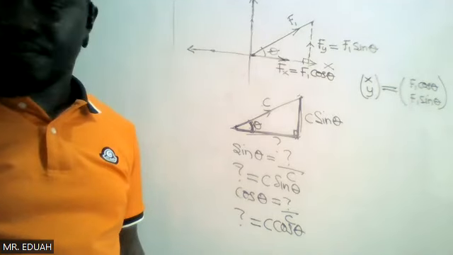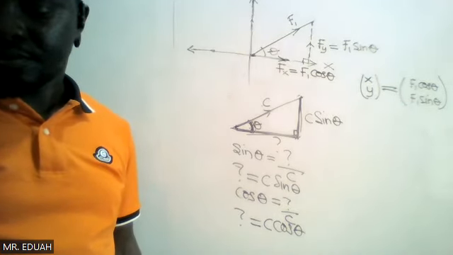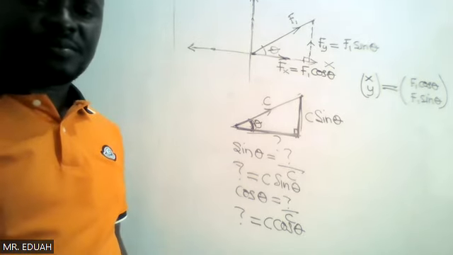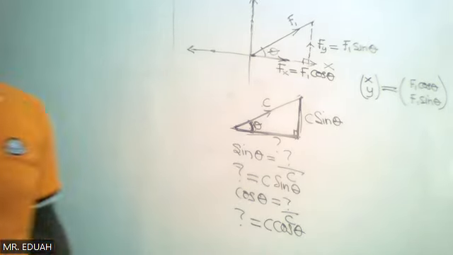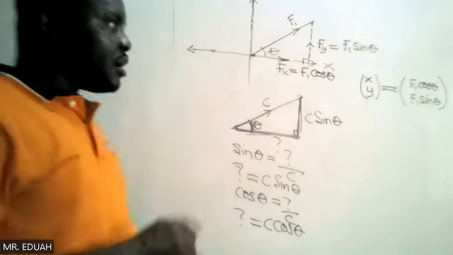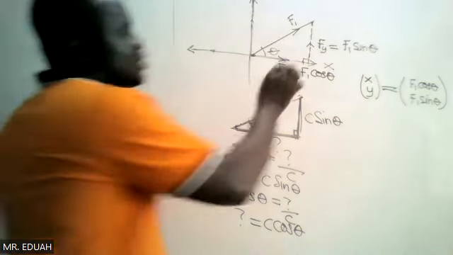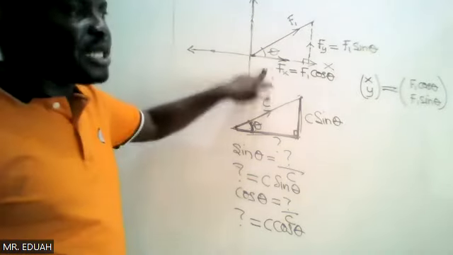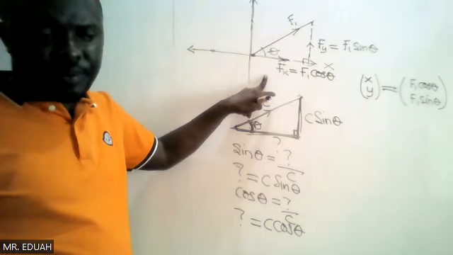Class, is that okay? Yes, please. There is another way out. Here, I resolved this into components considering the angle it makes with the adjacent.